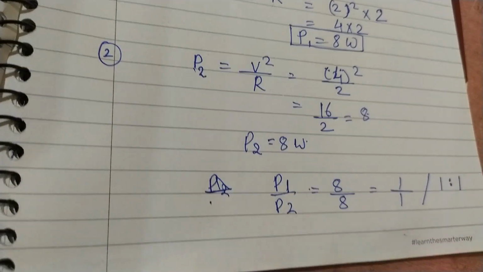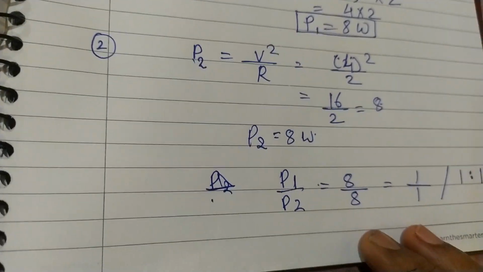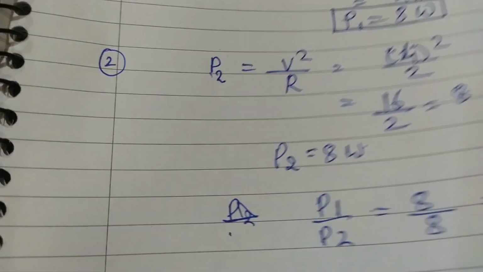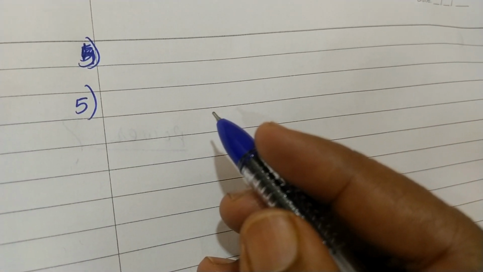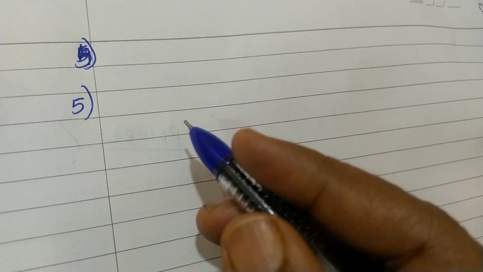Now the last question that we are going to discuss, from your textbook only, question number 16. What is the question? I'll read it for you. Which uses more energy?